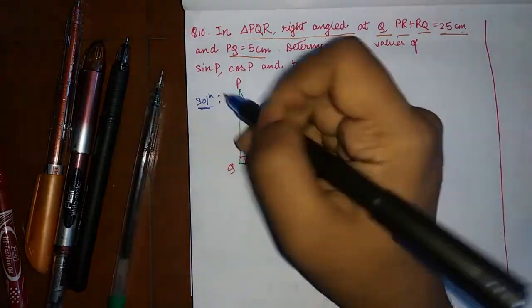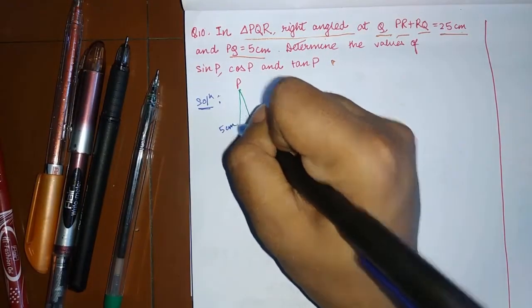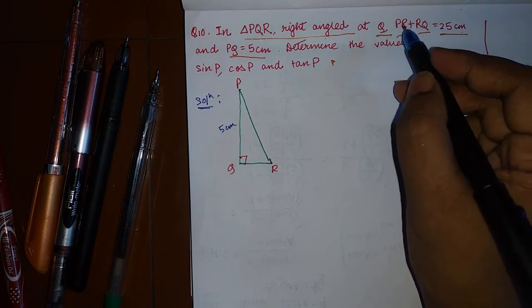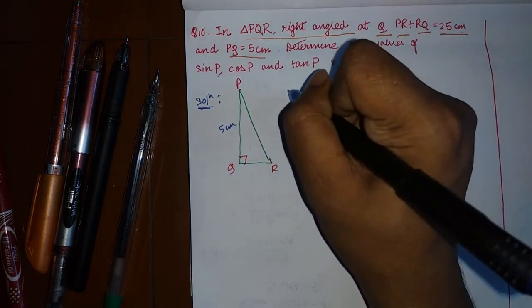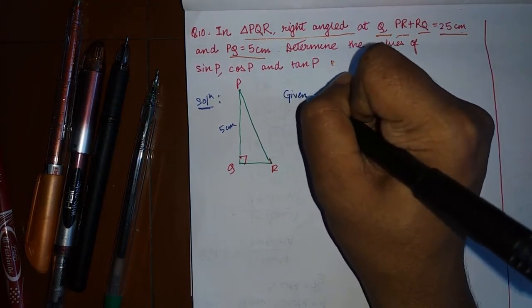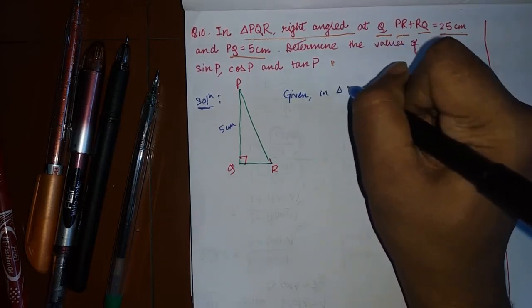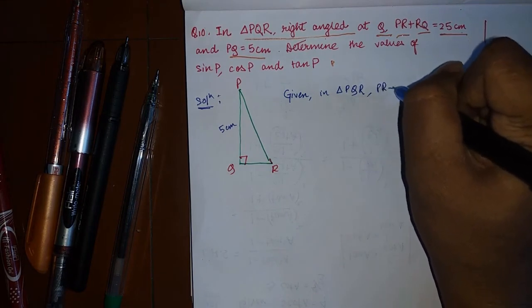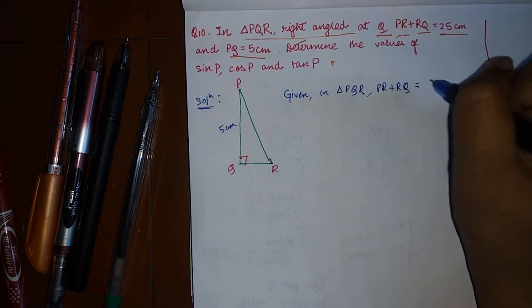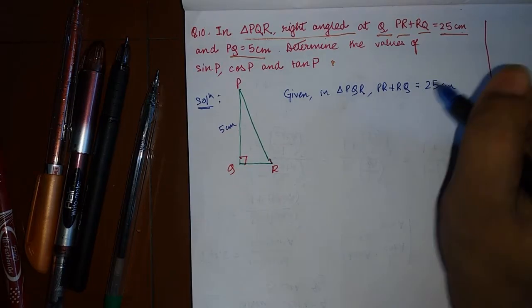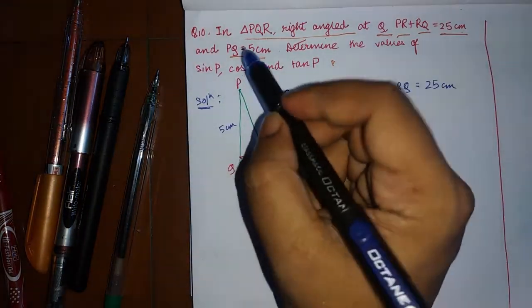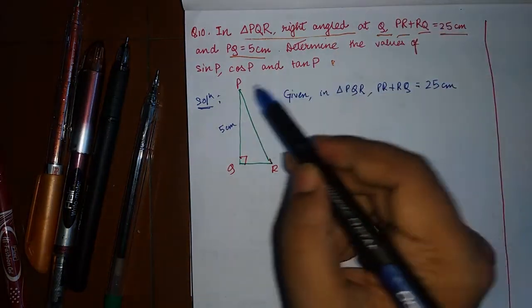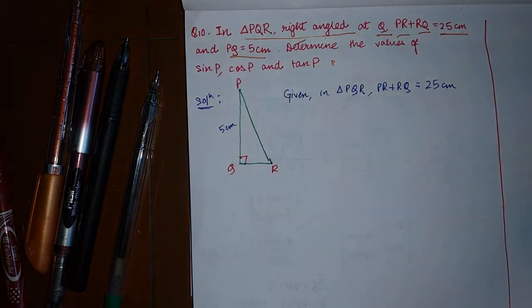So the length of this side is 5 centimeter. And the sum of the lengths PR plus RQ is equal to 25 centimeter. Given in right angle triangle PQR, PR plus RQ equals 25 centimeter. So you are provided with this information. You need to find the value of sin P, cos P and tan P of this triangle.